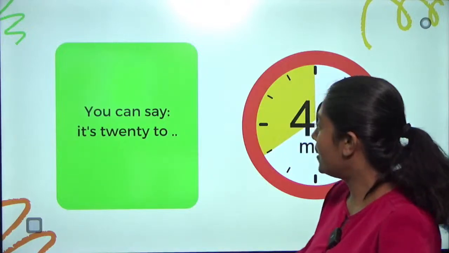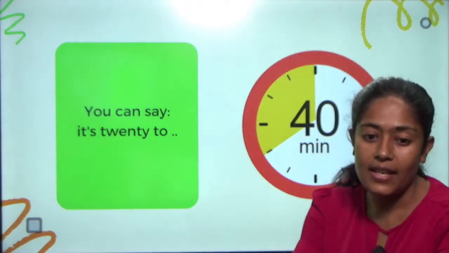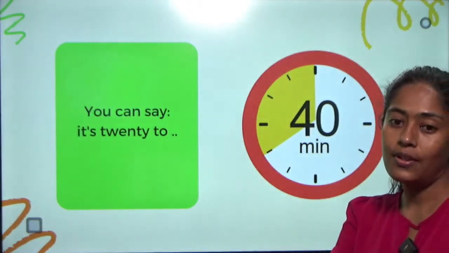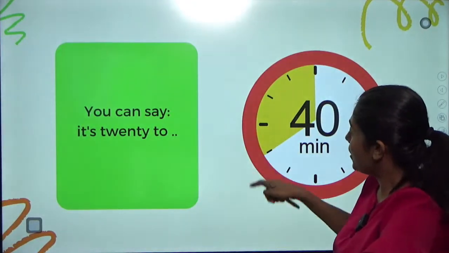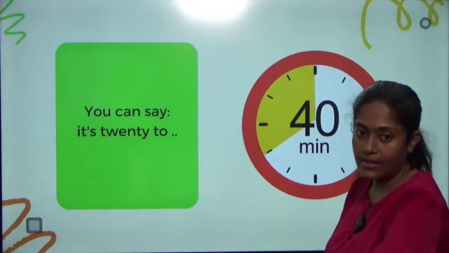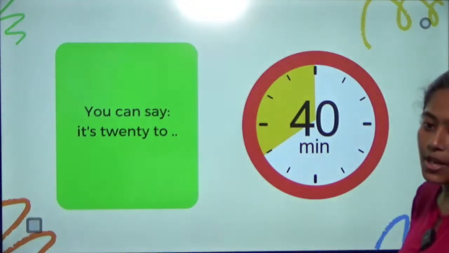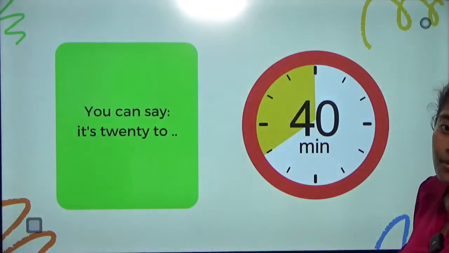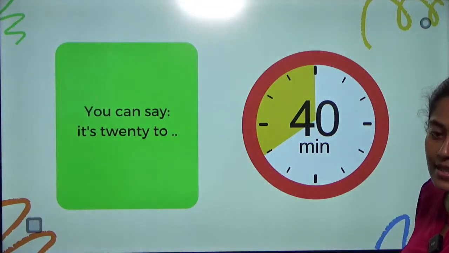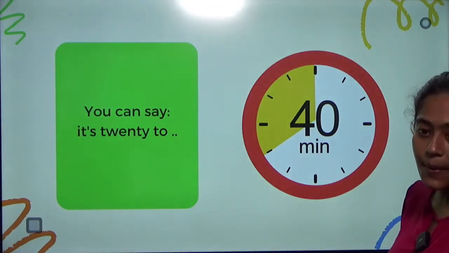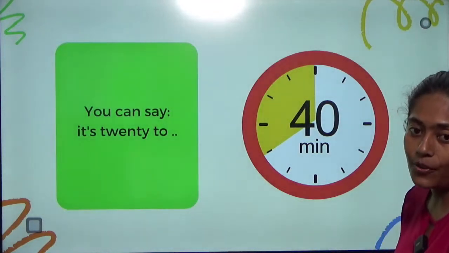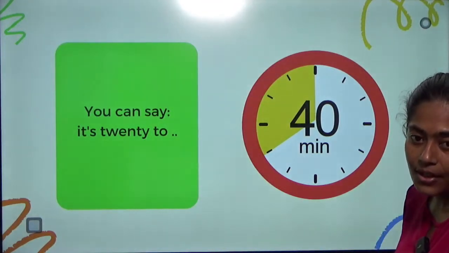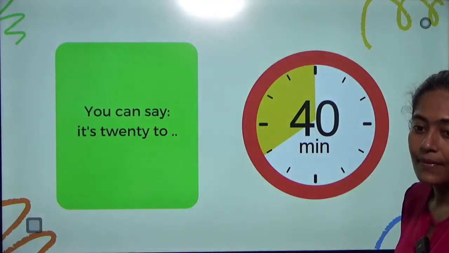Now here the minute hand pointed to here, right? That means 8. Then it is 20 to 12. 40 minutes also we can say, or otherwise you can say 20 to 1, 20 to 5 like that. Okay. Right.